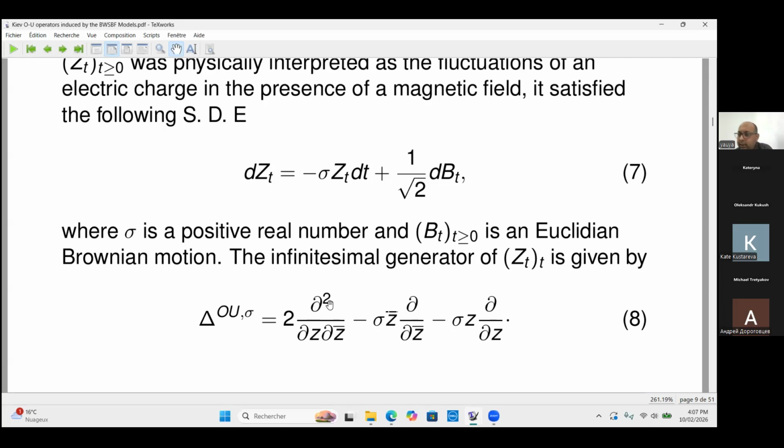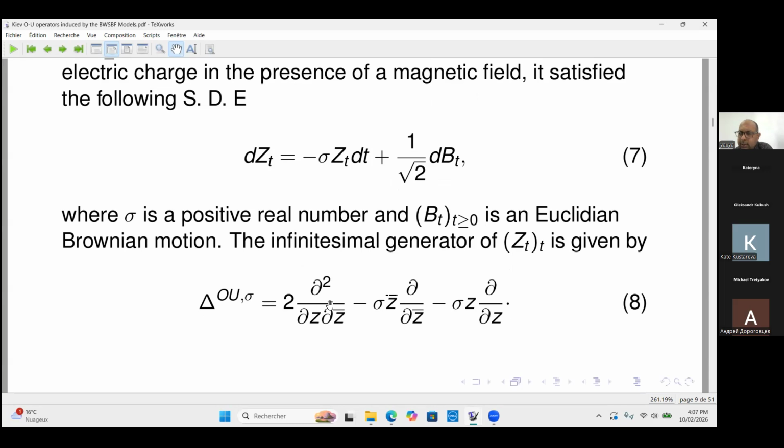Souheyl, can I have a question? Yeah. In equation 7, this complex valued Brownian motion is the process which can be interpreted as two-dimensional Brownian motion or not? Yes, it is the same, we just have the imaginary unit. It is Bt1 plus i Bt2 with two independent Brownian motions.